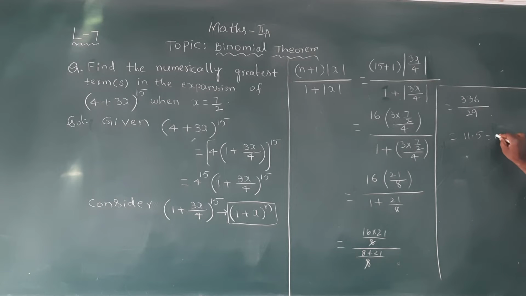This is in the form m plus q, 11 plus 0.5, m plus q, not an integer.